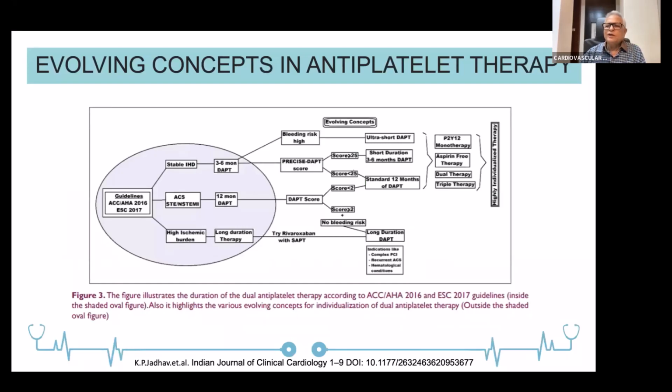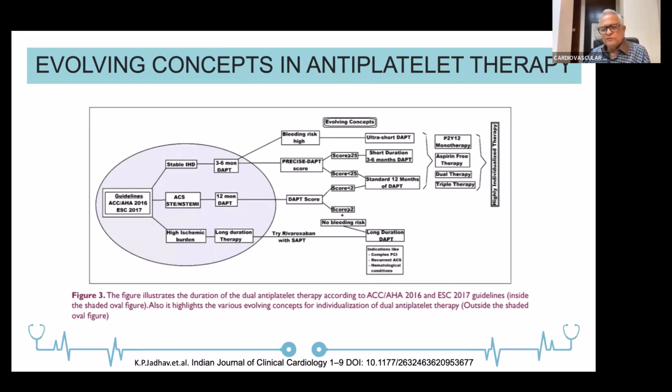So what is the evolving concept in terms of antithrombotic therapy? We have to divide patients into 3 categories: stable, ACS, and high ischemic burden. If the patient is stable, 3 to 6 months DAPT; if the bleeding risk is high, you can reduce to ultra short DAPT of 1 month. If the PRECISE-DAPT score is more than 25, you can again use a short duration of 3 to 6 months.